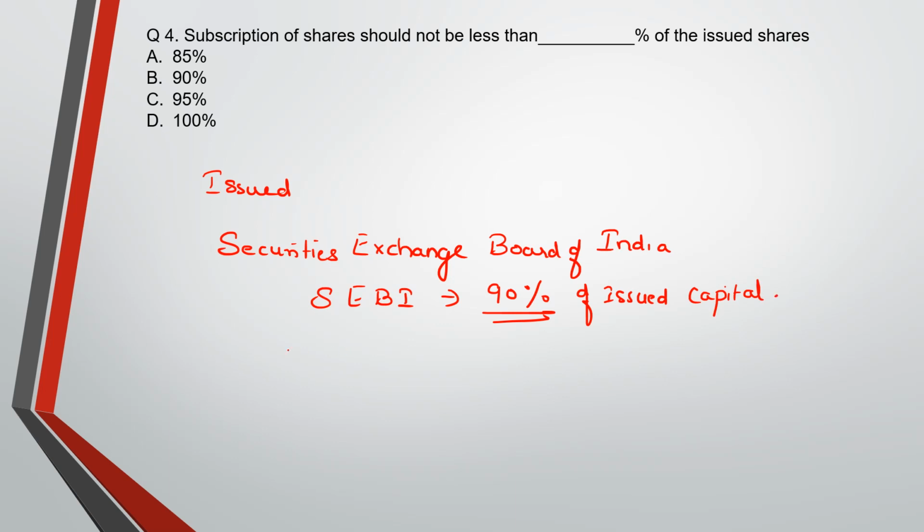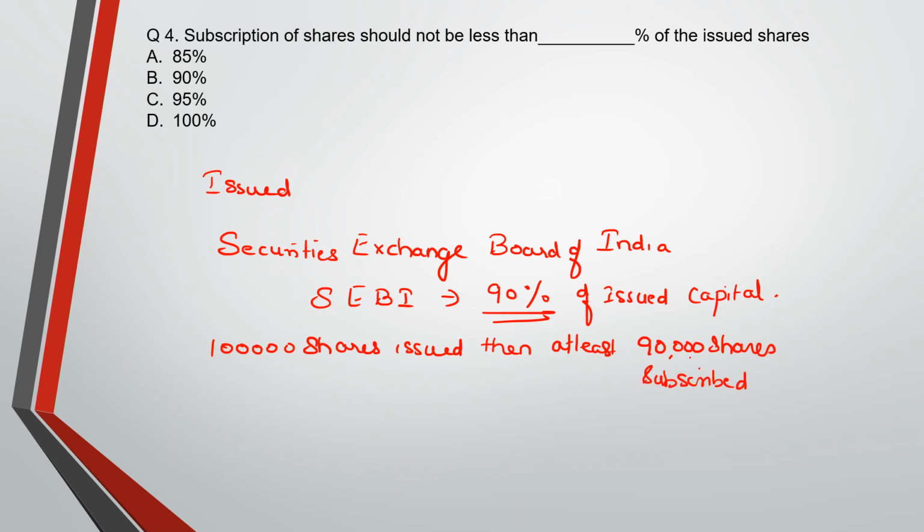Suppose 1 lakh shares have been issued, then at least 90,000 shares should be subscribed by the public.